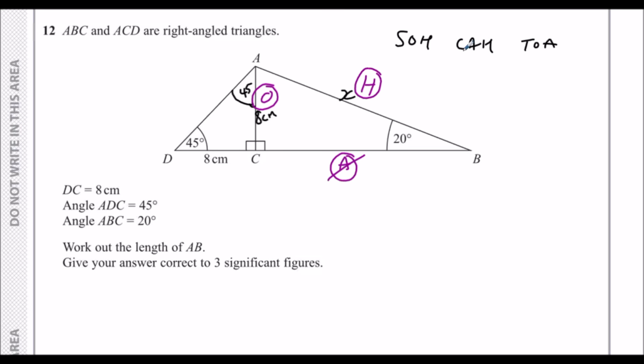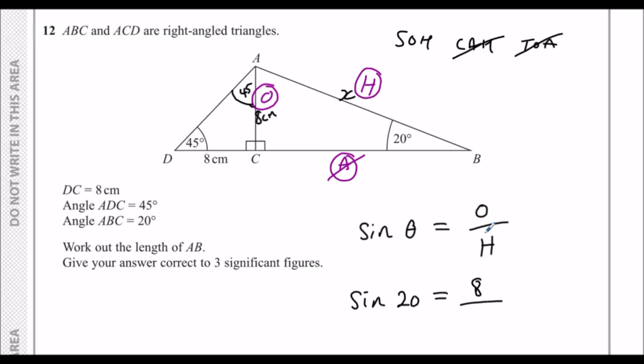O and H, the ones with not A, it's SO. And SO means sine theta, sine with the angle, is O divided by H. Our angle's 20. So sine 20 is 8 divided by H, which is X.